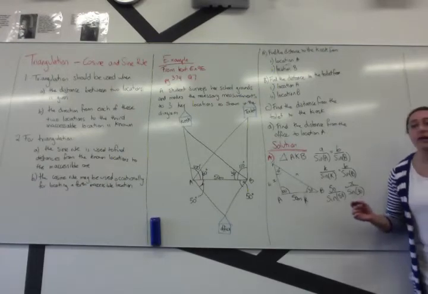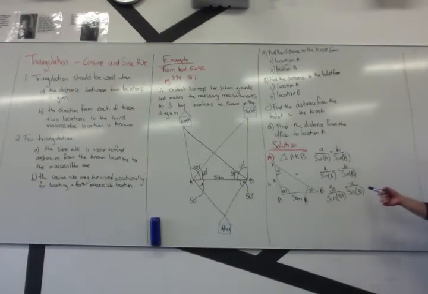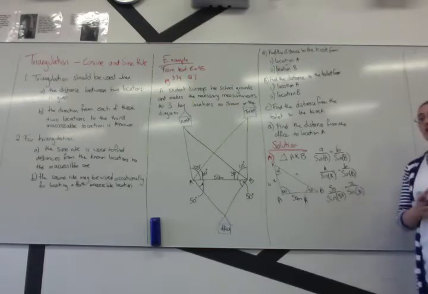How do I get the X by itself? Times both sides by the sine of 30.